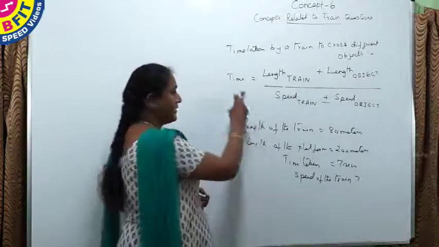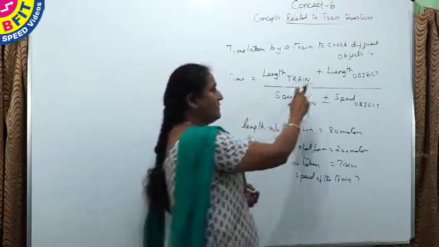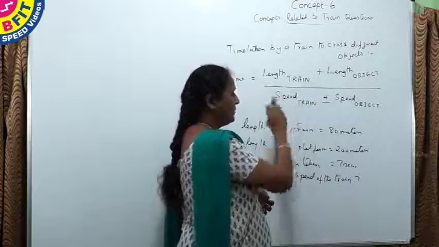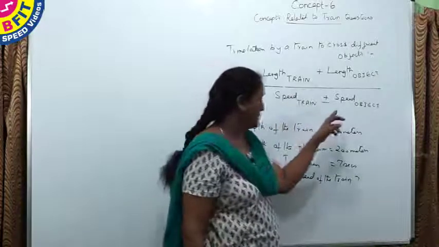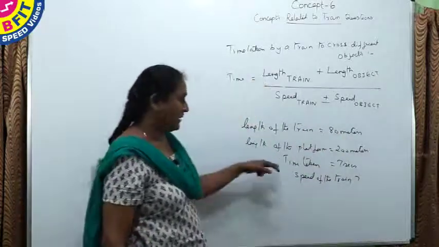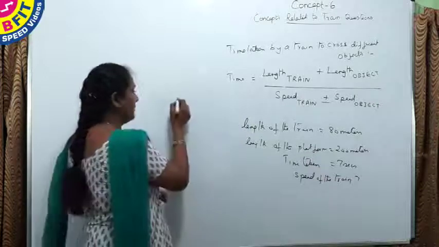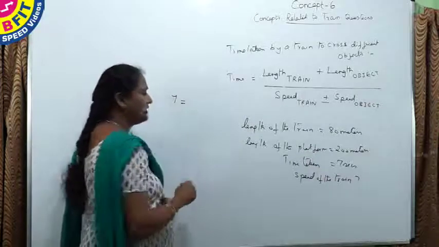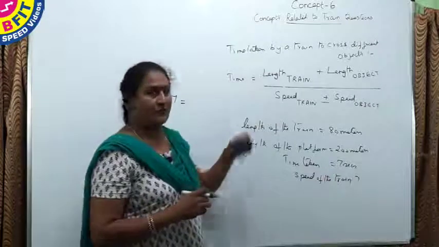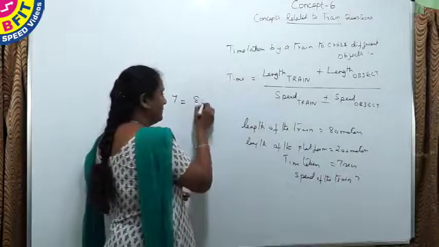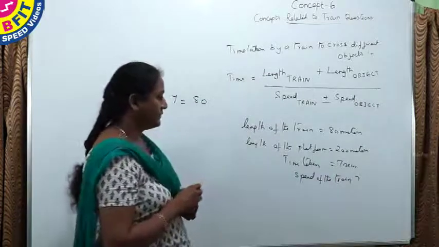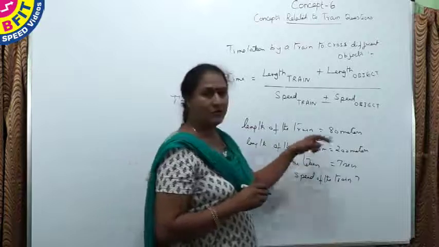So here time equal to length of the train plus length of the object by speed of the train plus or minus speed of the object. Here time taken is given, which is equal to 7 seconds, and length of the train is 80 meters and length of the platform is 200 meters.